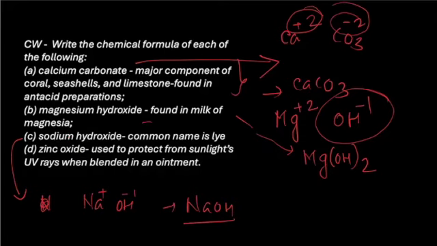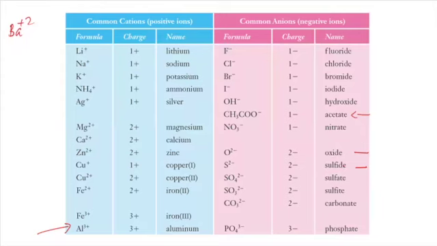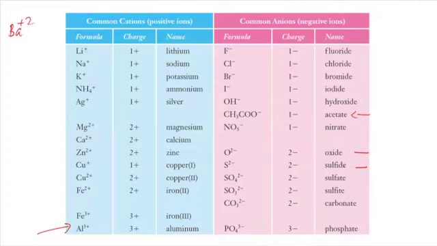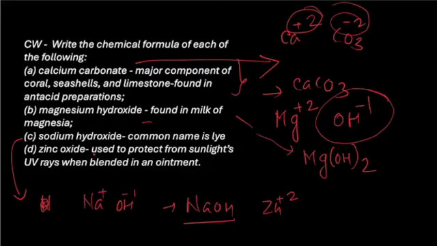Zinc oxide. So zinc is how much? Zn+2, right? And oxide is how much? O-2. So zinc oxide is going to be simply ZnO.